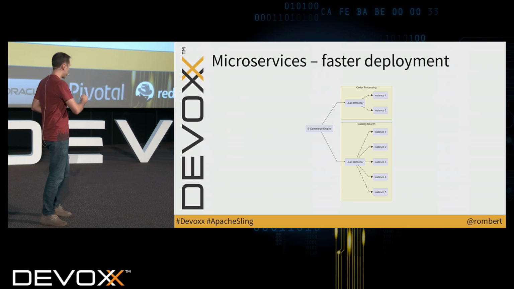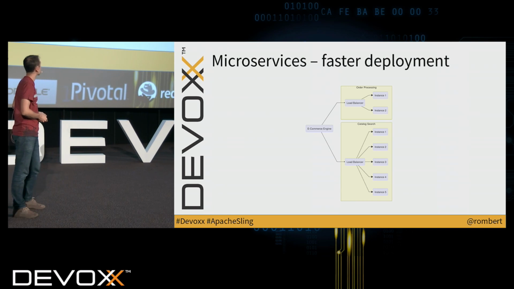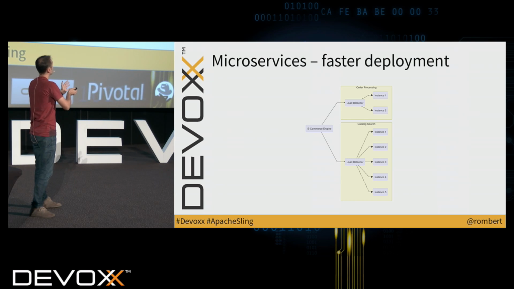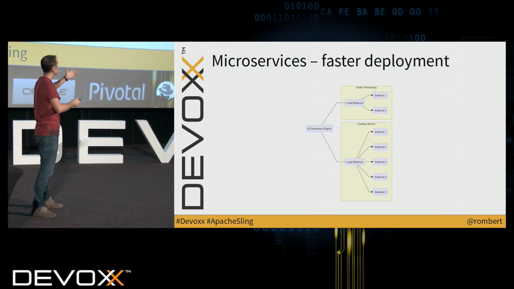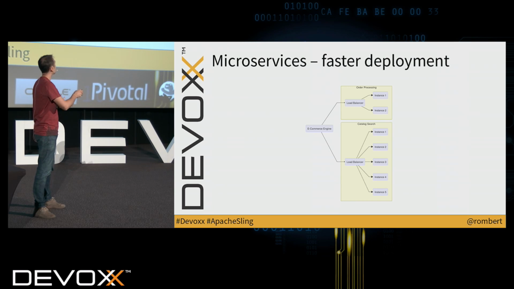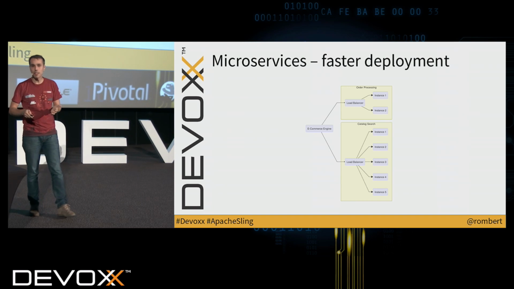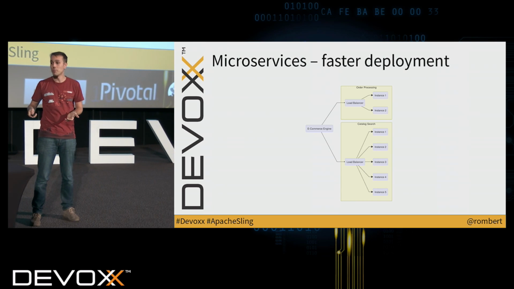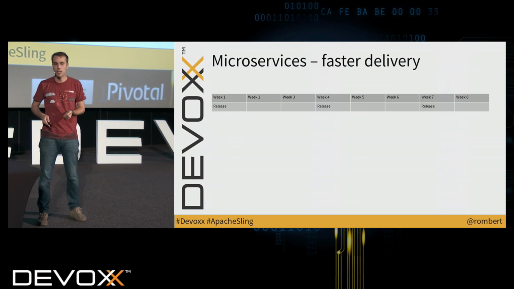And that's where you get to this example. If you want to deploy the order processing, you just have to redeploy 2 instances, or if you're doing something more courageous, you add 2 instances and you take 2 away. And if those go quickly enough, that should be really, really fast for you.